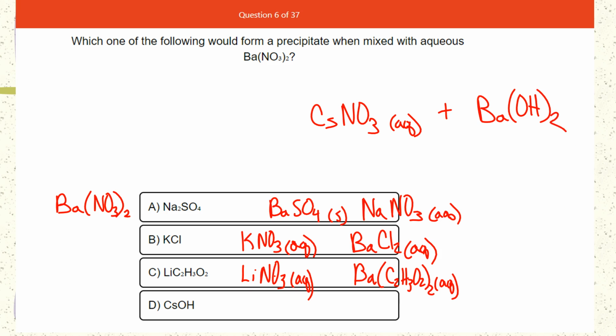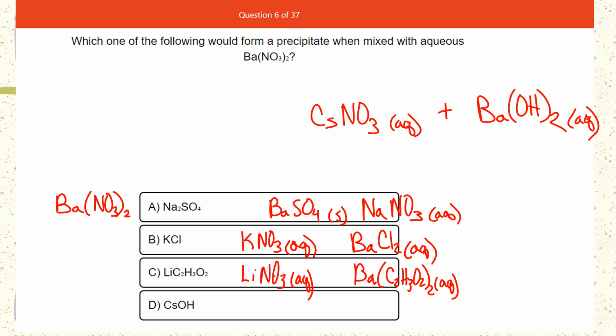And so when I look at my rules for hydroxide, hydroxide is insoluble except when it combines with barium, calcium, strontium, or a group 1 metal. So that one ends up being aqueous. So the last one, D, was the one that was trying to trick you. A was the correct answer on that one for mine.